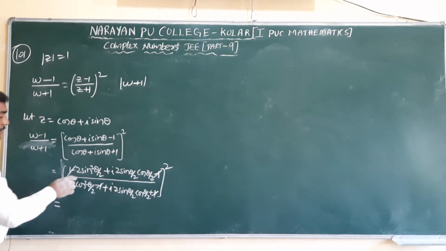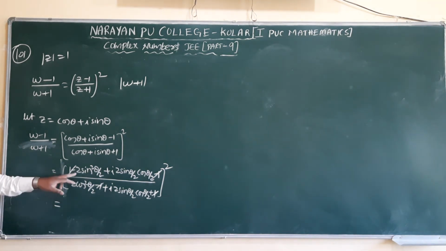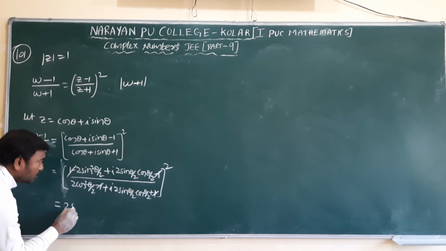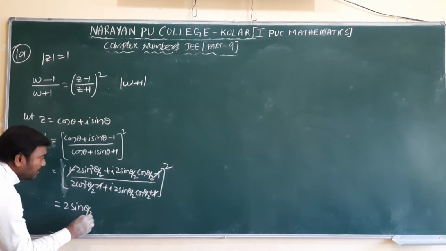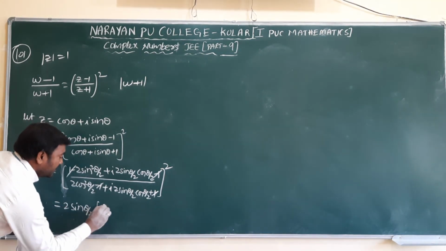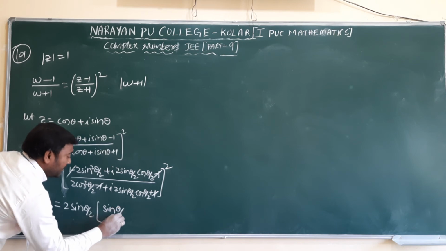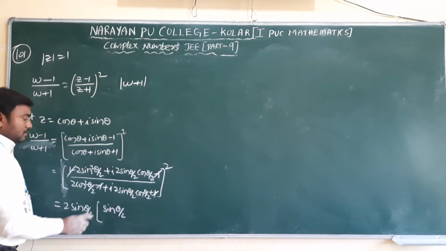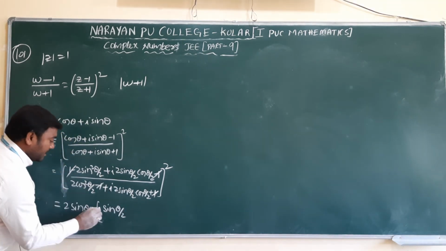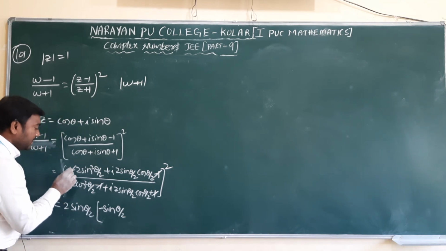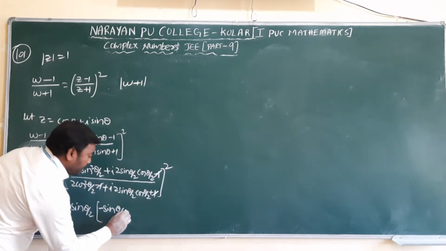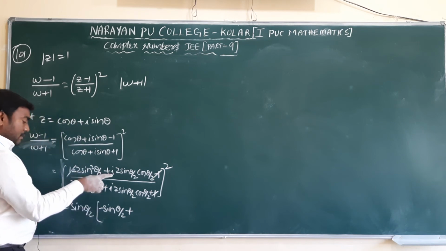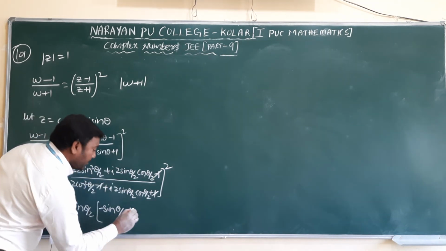In the numerator we have to take common 2 sin theta by 2. Remaining is minus sin theta by 2, because the minus is there, plus i into cos theta by 2.